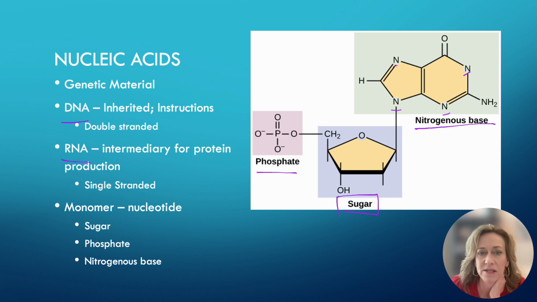Do you need to memorize the structure of that? No, you do not. But the sugar, the phosphate, and the nitrogenous base are what make up this monomer. Now, I want you to recognize generally a nucleotide monomer, but you don't need to know all of the intricacies of where there's a carbon, where there's a nitrogen, where there's an oxygen, just that there's a sugar, a phosphate, and a base.